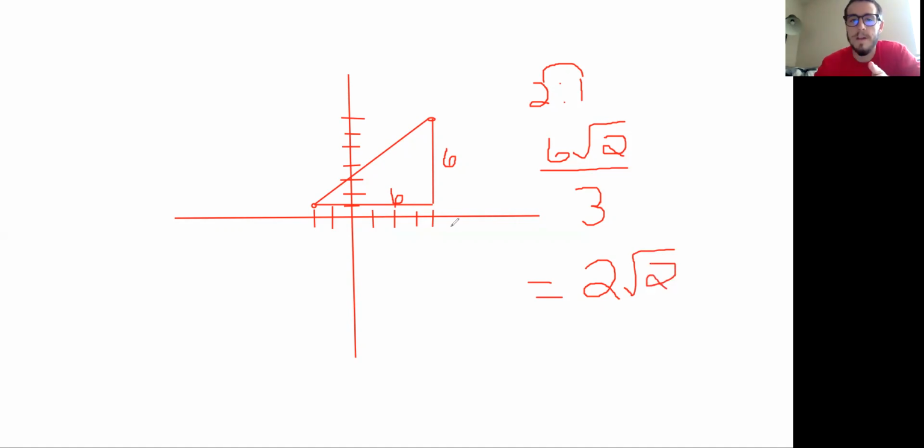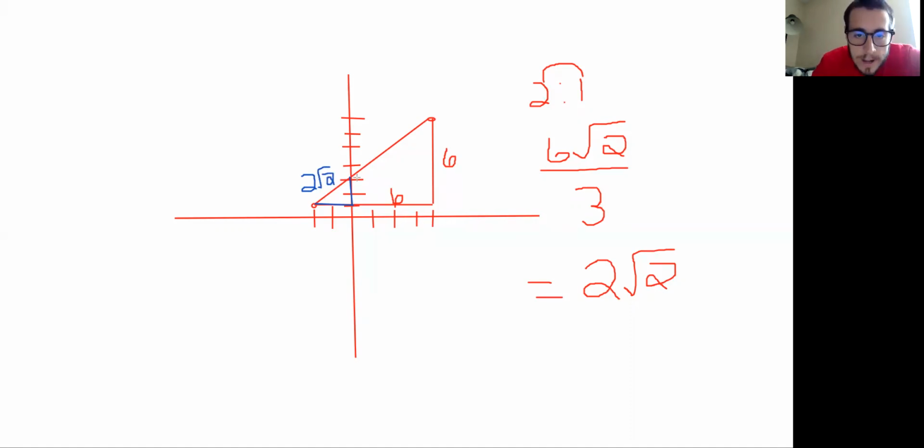Now, how does that help me? Well, if I start here, and I go over 2 and up 2, that puts me right about here. This line segment would be 2√2. Then if I did that again, I would get another 2√2, right?